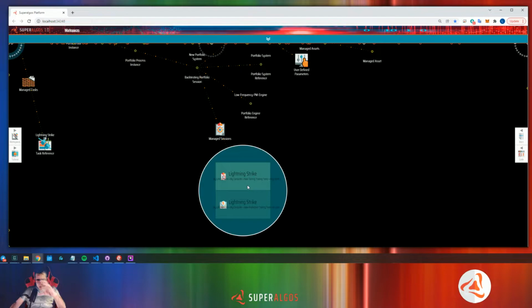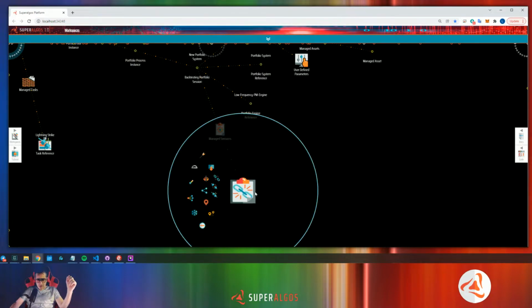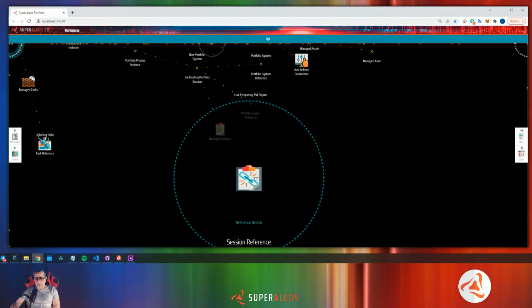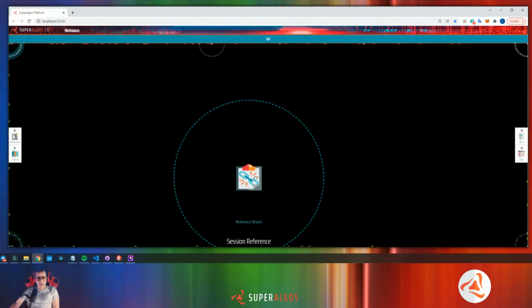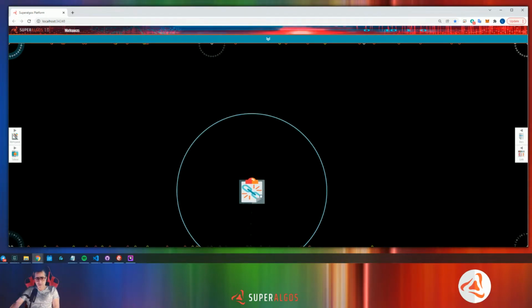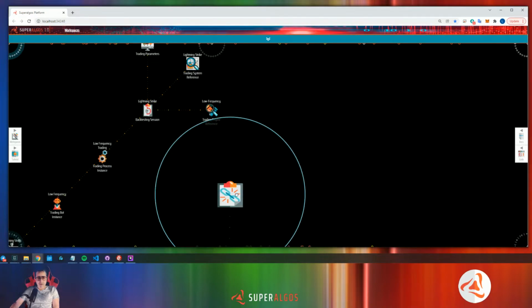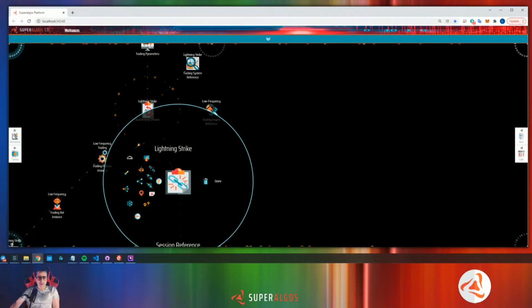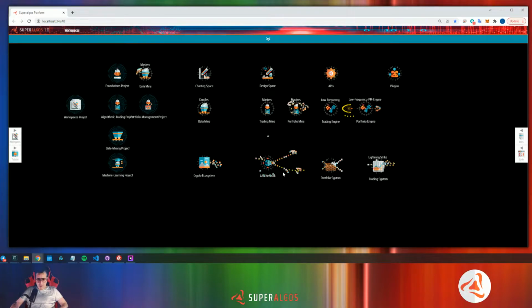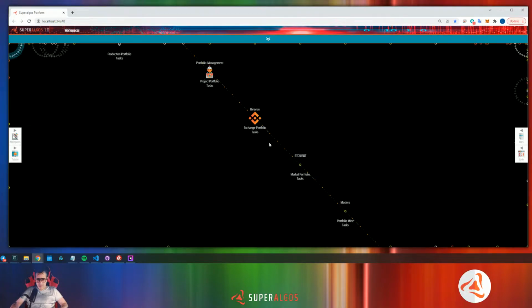I don't know when this stopped working well. Why is it so small, this stuff? It kind of broke because it was working well before. So we're going to connect it to this session. Now we have the setup that is supposed to work.